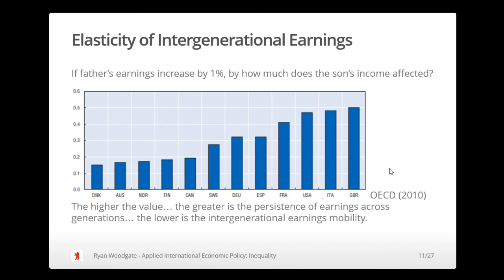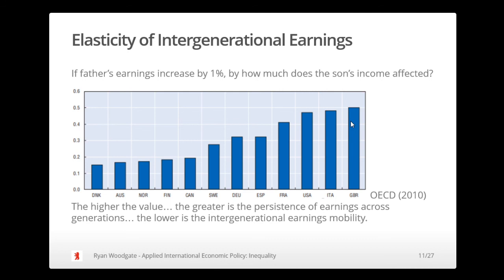Okay, so essentially, here we have data that has been estimated for various OECD countries. And the higher the value, the more persistence of earnings across generations. So the greater the role of perhaps nepotism or connections that your father or your mother gives you in getting into the job market and securing you a place.